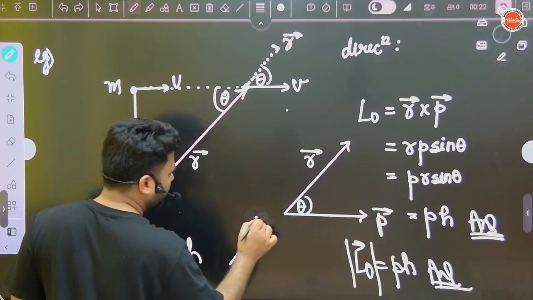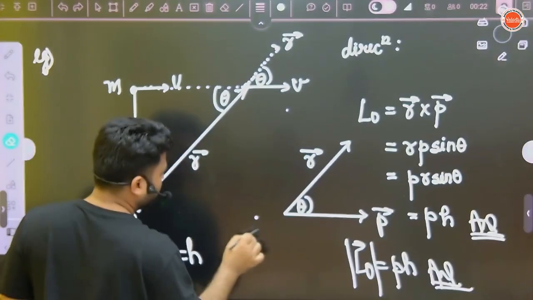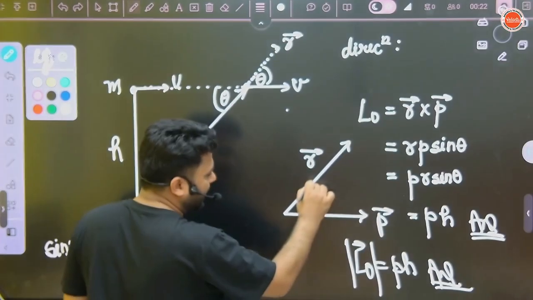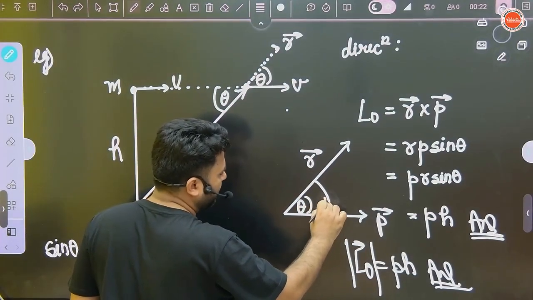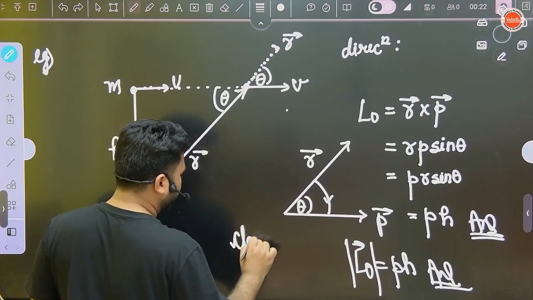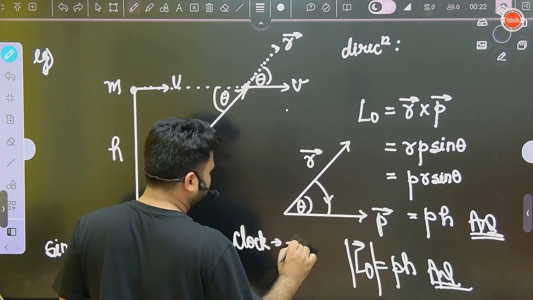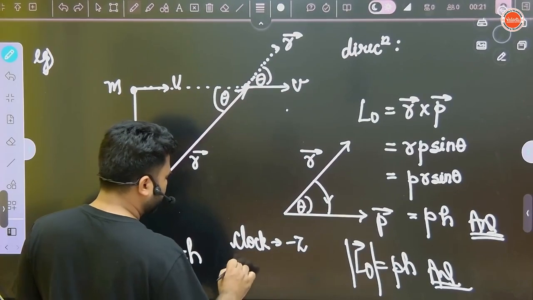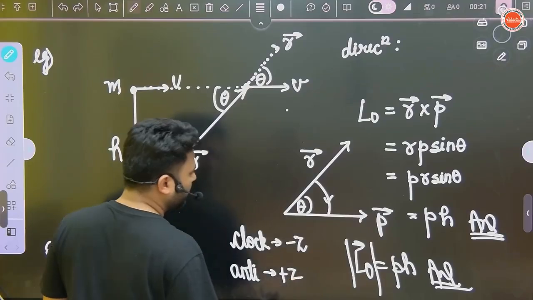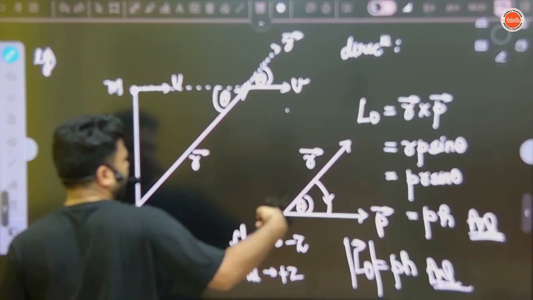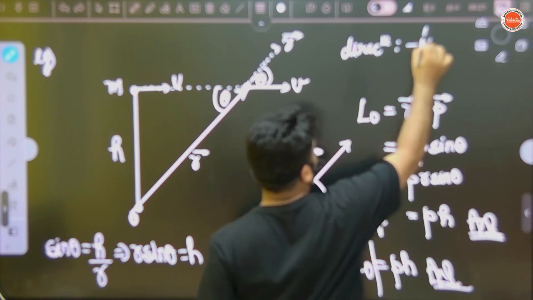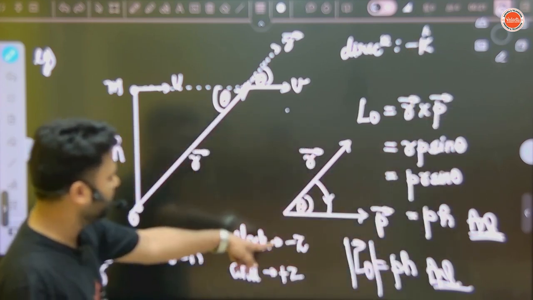We are doing R cross P, which means from R we are going to P. This direction is clockwise. Always remember, whenever it is clockwise, the direction is minus Z axis. If it is anti-clockwise, the direction is plus Z axis. Minus Z means into the plane of the board. So in this example, the direction is minus k cap, clockwise.